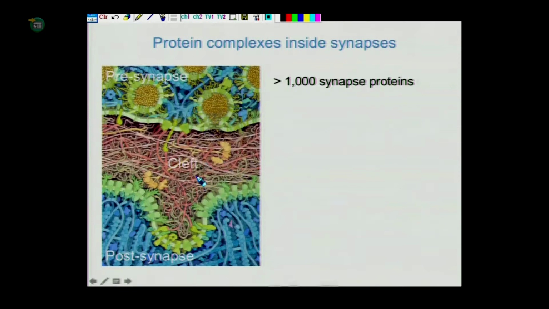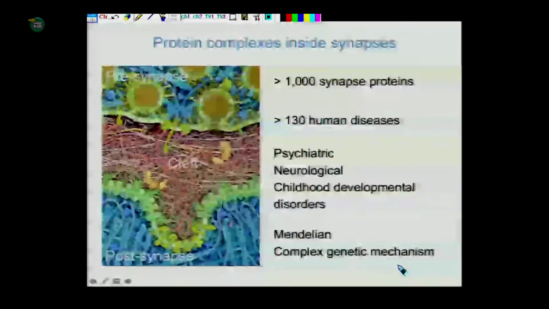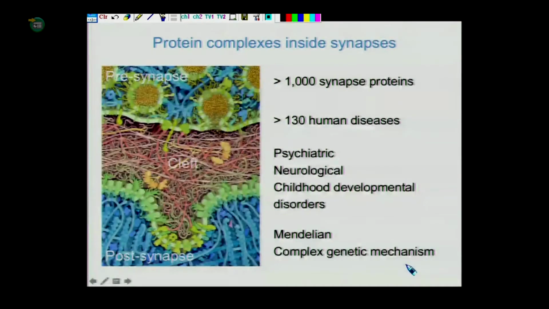There has been over 1,000 synapse proteins identified, and they are associated with over 130 human diseases. Psychiatric, neurological disease, childhood developmental disorders, and some of them follow the Mendelian genetic rule, and some of them don't. So there's more complex genetic mechanisms there.